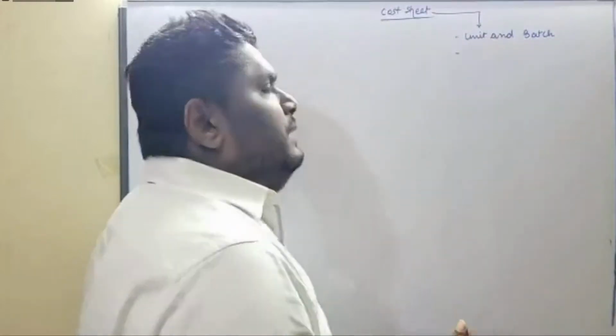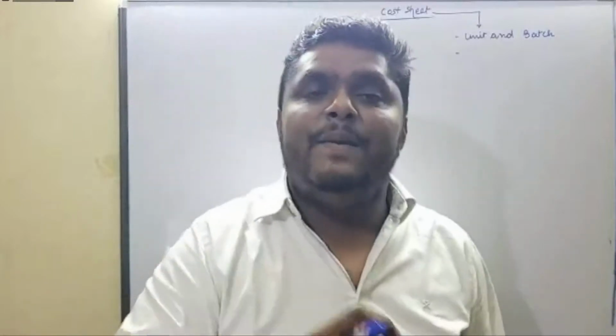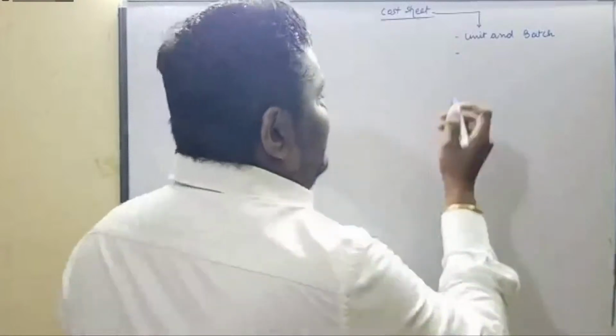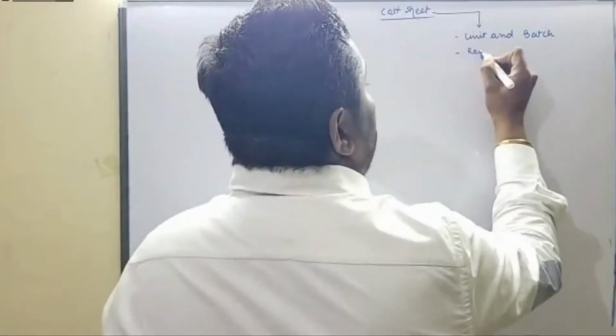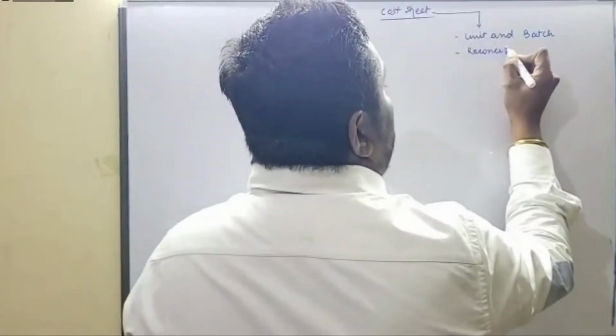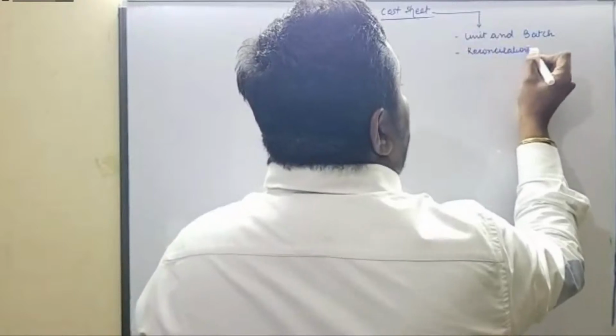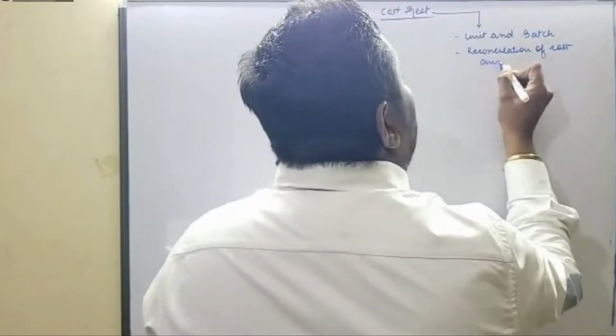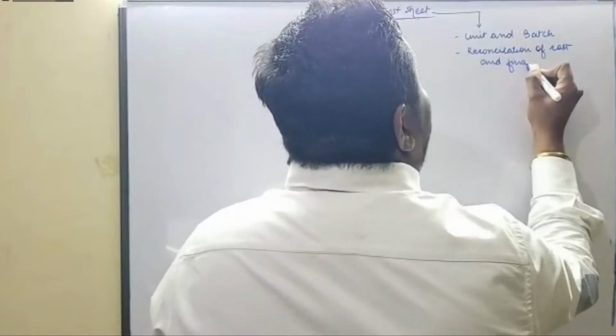And the second chapter is a part of the chapter named Method of Accounting, wherein we'll be discussing reconciliation of cost and financial accounts.